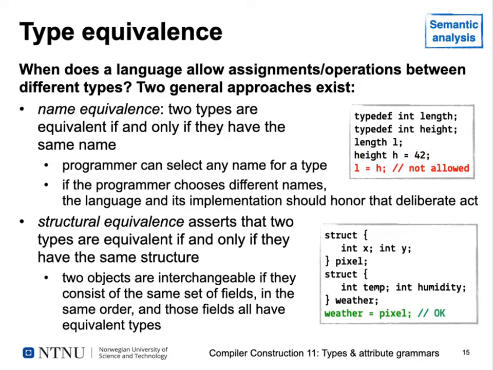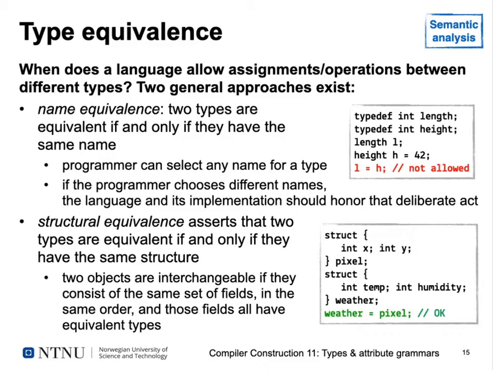which we initialize. And then we try to assign a height to a variable that is supposed to hold a length. That might indicate a serious program error, because if you write a program that is built for architects to design houses, of course switching lengths and heights would be a severe problem, because your house might look very funny. So obviously you might not want to allow such an assignment here.